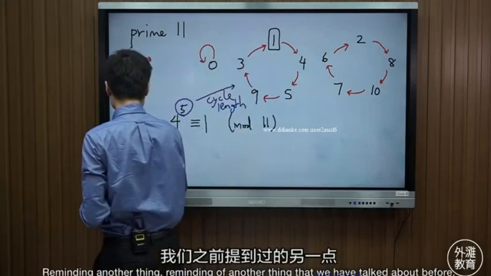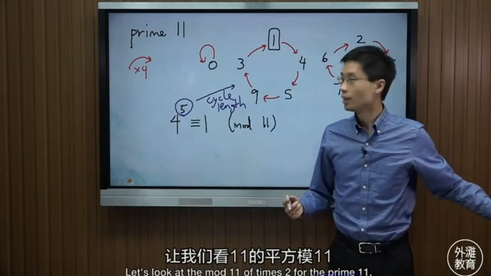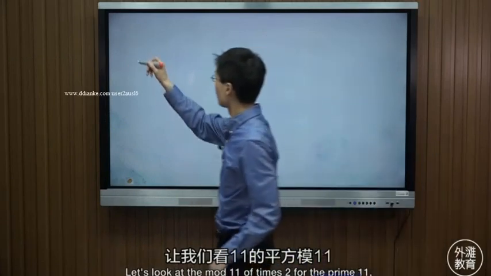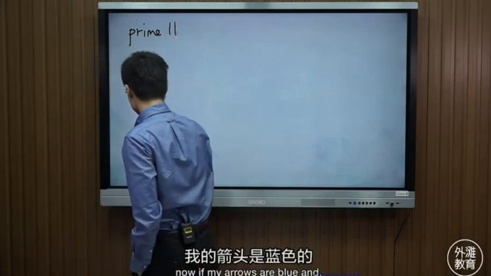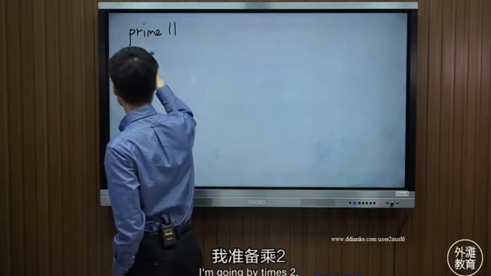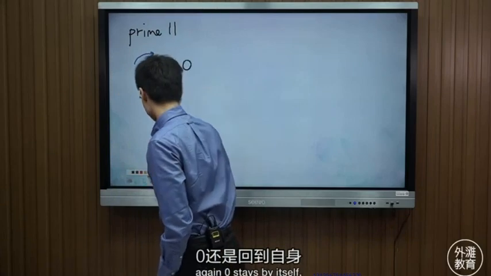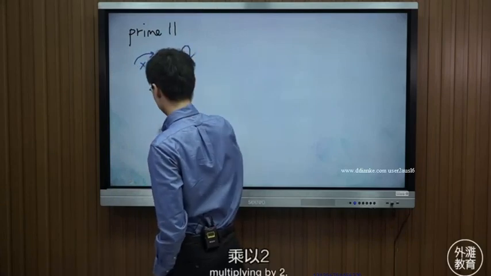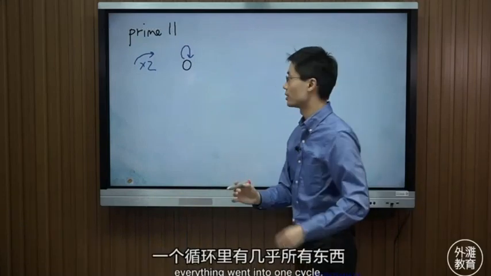Reminding of another thing that we had talked about before, let's look at the mod 11 of times 2. For the prime 11, now if my arrows are blue and they're going by times 2, again, 0 stays by itself, multiplying by 2. But then there was a very long cycle. Everything went into one cycle.